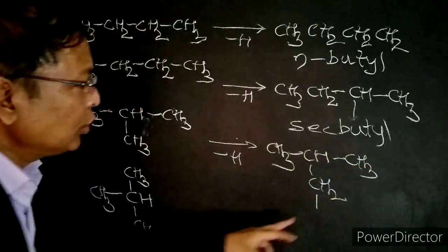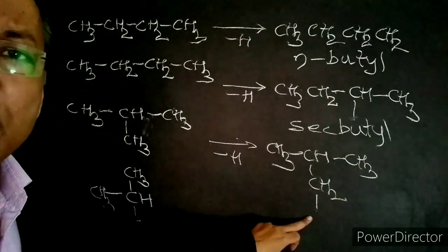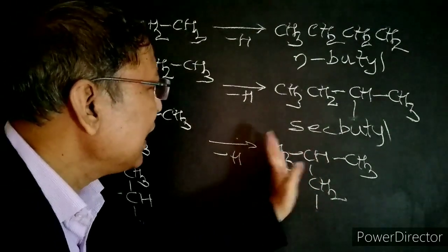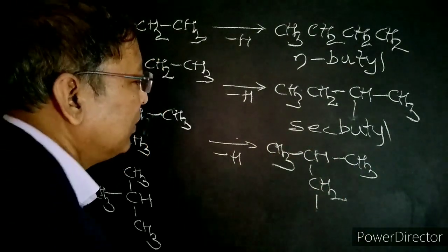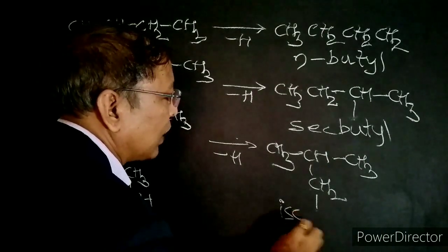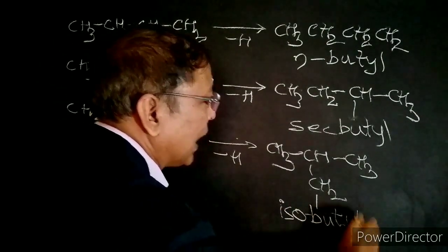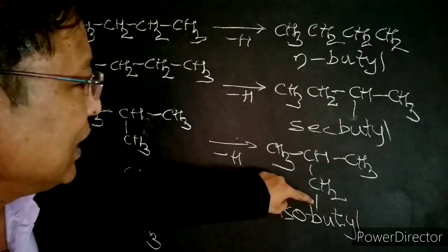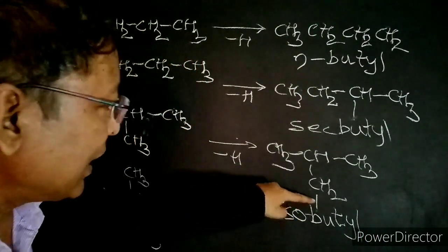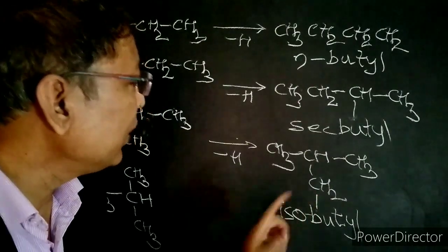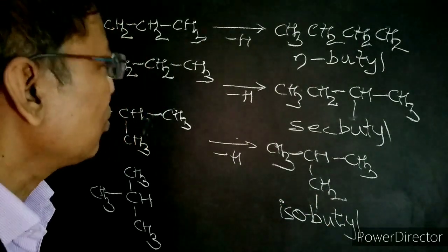If you observe, the left side and right side groups are again the same. This is called isobutyl. If a halogen atom is present on this carbon atom, then we call it isobutyl halide. If chlorine, isobutyl chloride, and so on.